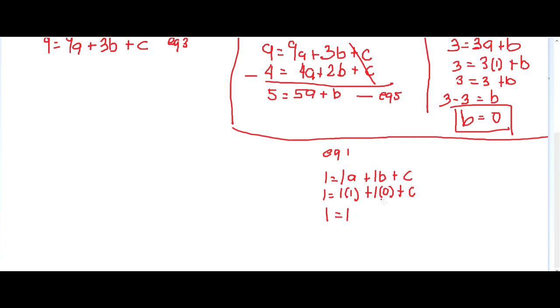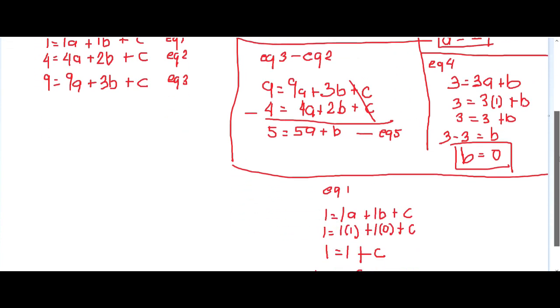Siyempre, 1 times 0 is 0, so hindi na natin kailangan ilagay. Plus C. Then, meron kang C now is equal to 1 minus 1. C now is equal to 0 din.